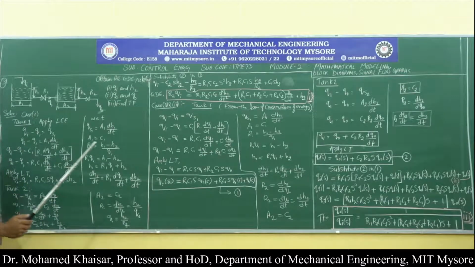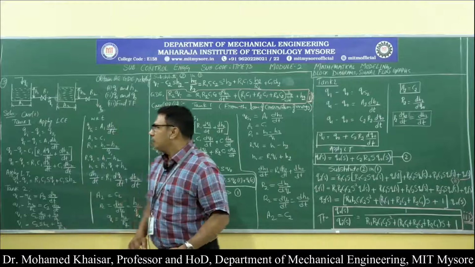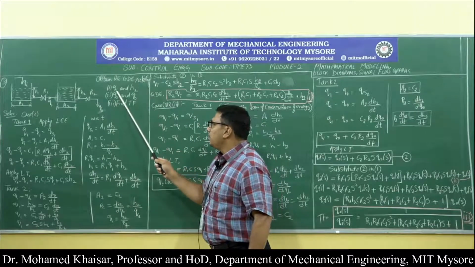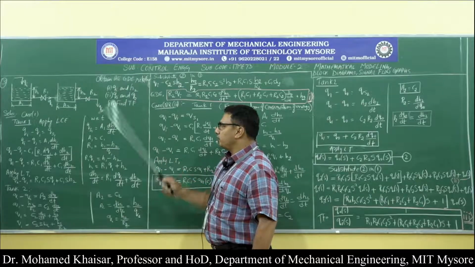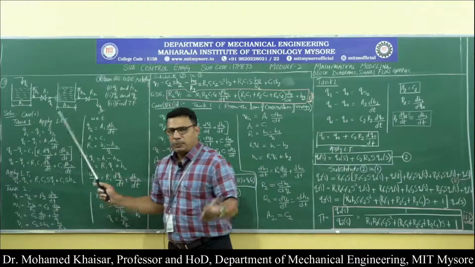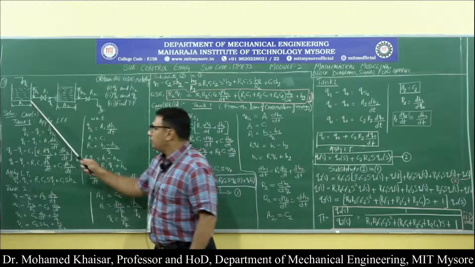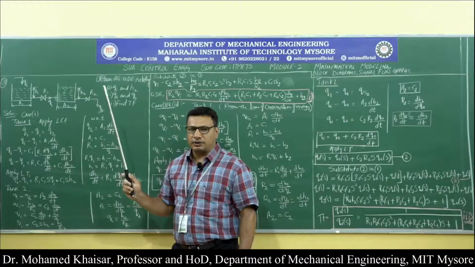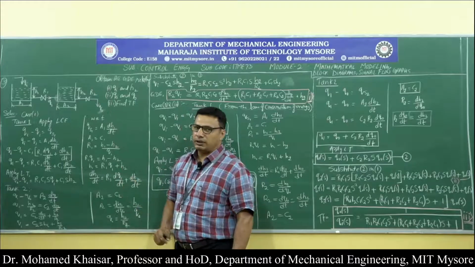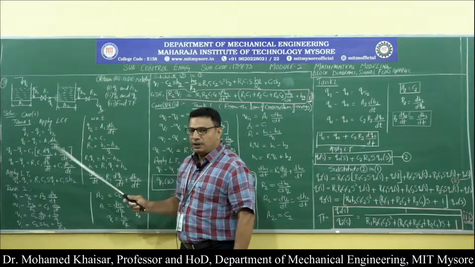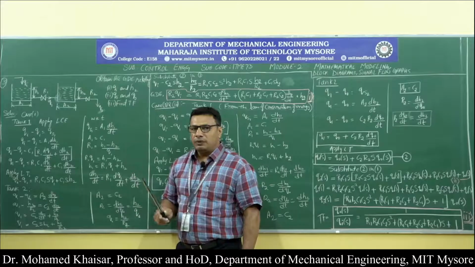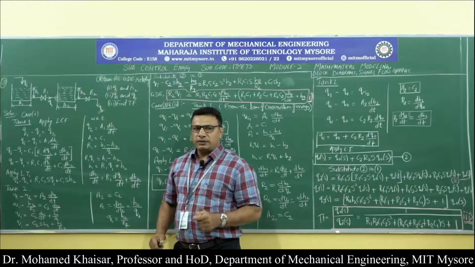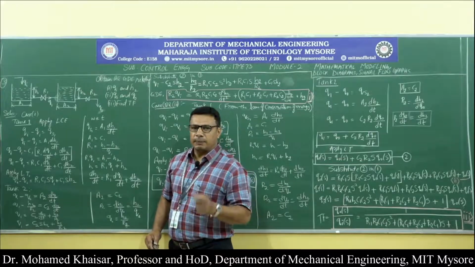Now, let us take case 1 first. We will try to find the governing differential equation relating Qi and H2. The procedure remains the same. We will consider 1 tank at a time, then apply the law of conservation of energy, and arrive at the governing differential equation. In between, we will be using the network approach terminologies such as hydraulic resistance and hydraulic capacitance.